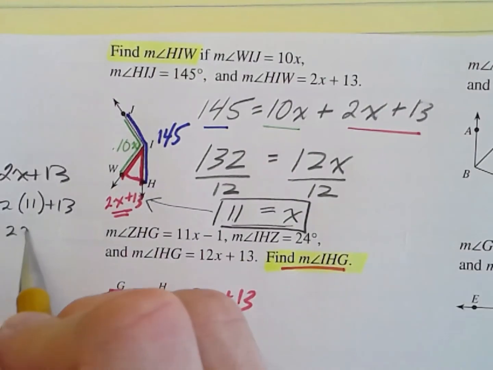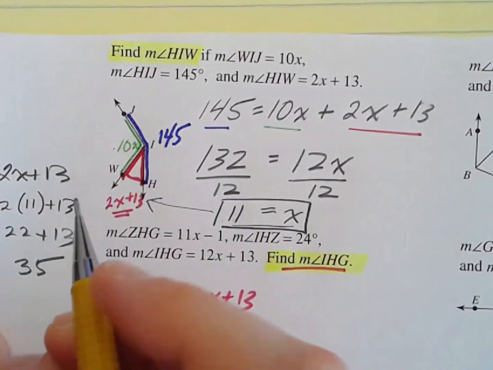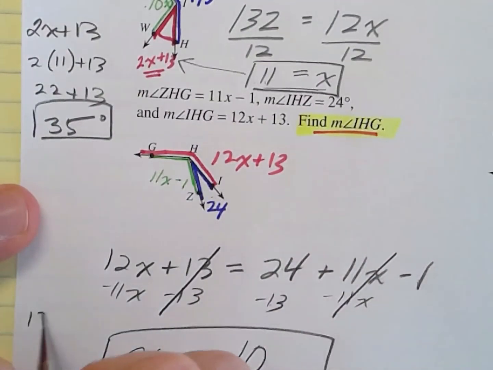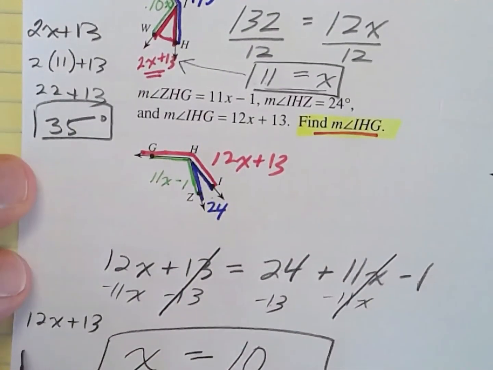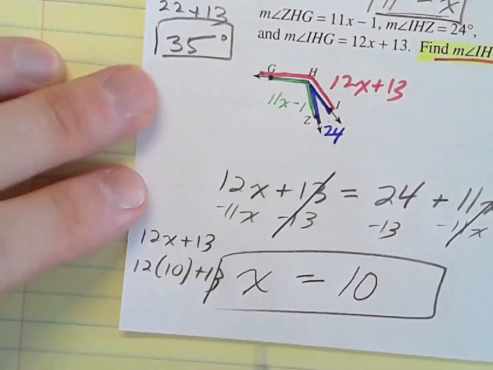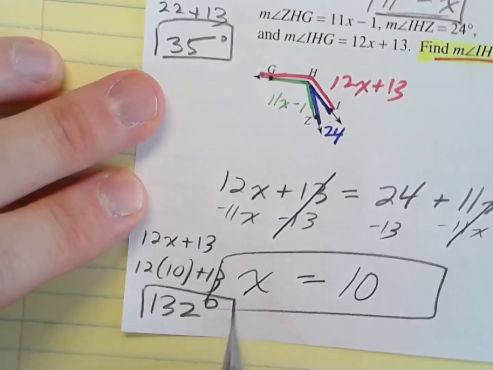This is 22 plus 13, which is 35, which is correct, 35 degrees. And here I'm trying to find 12x plus 13, but x is 10. So that's 120 plus 13, which is 133 degrees, which is correct.